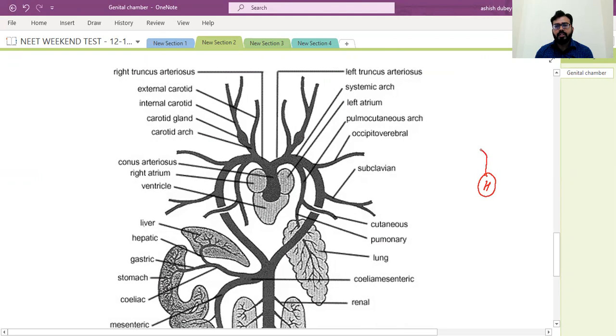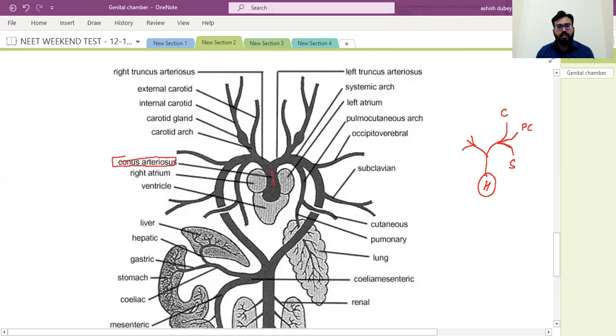The truncus arteriosus is dividing into 2 branches, left and right, and then from left or right, 3 branches are arising. Okay, so first branch you can say carotid, another branch you can say pulmocutaneous, and the third branch you can say systemic branch. Okay, so here you can say that this is conus arteriosus over here.